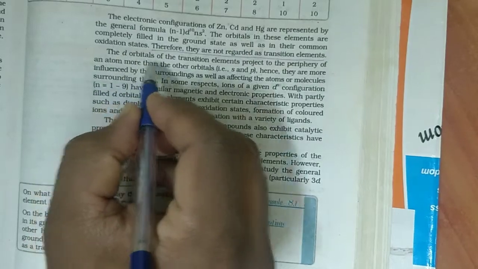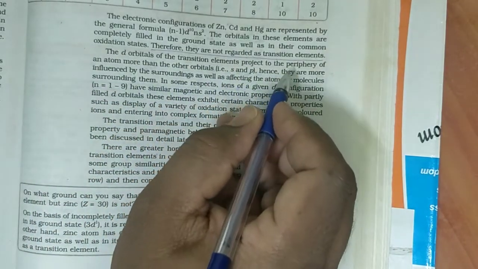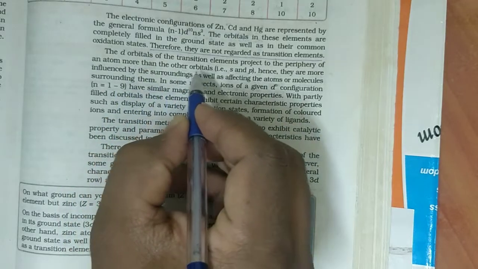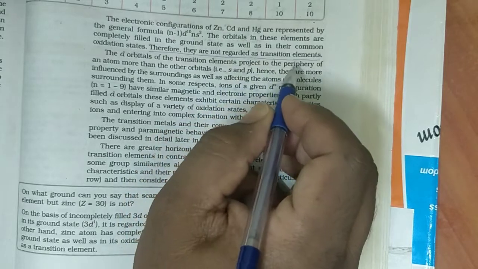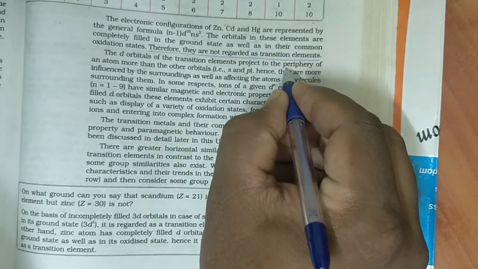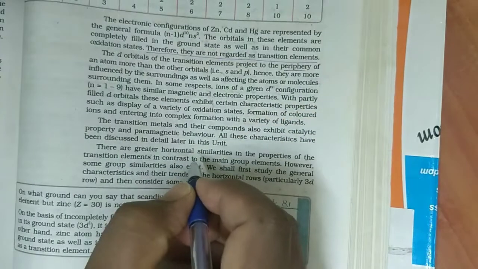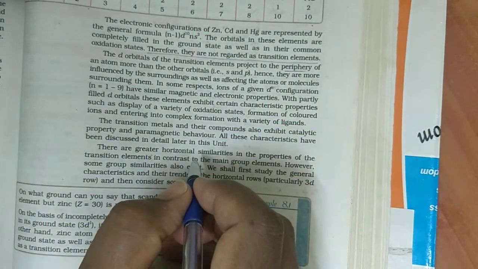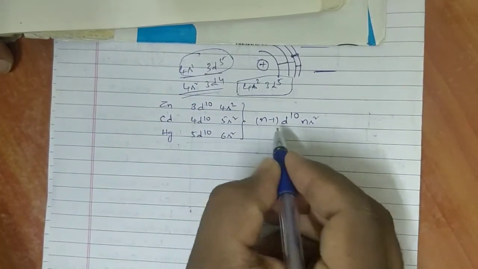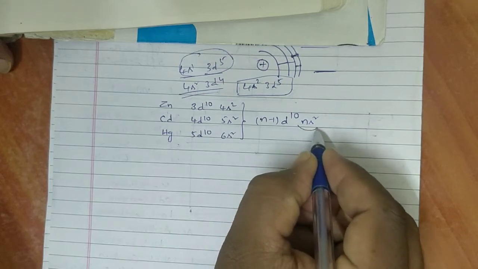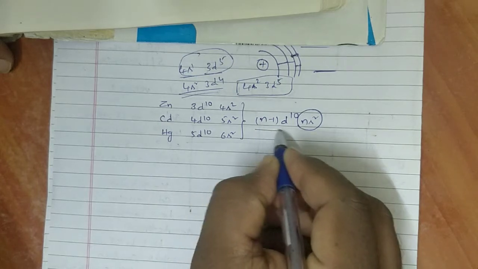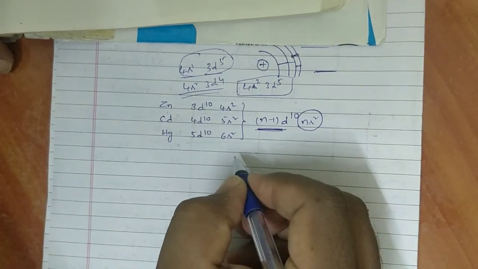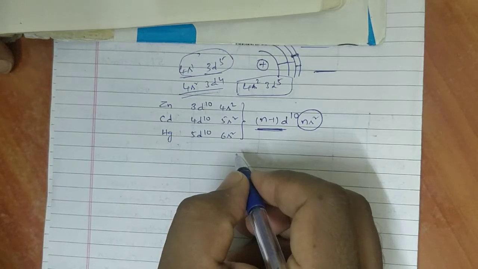Next, the d orbitals of the transition elements project to the periphery of an atom more than the other orbitals. Even though the outermost 4s orbital is there in these d block elements, the maximum characteristics depend upon the (n-1)d configuration.